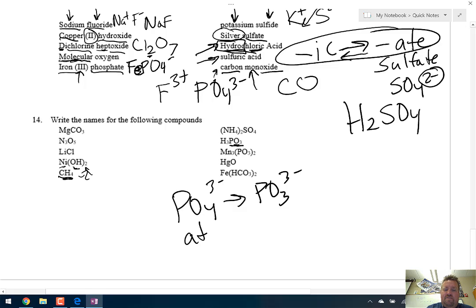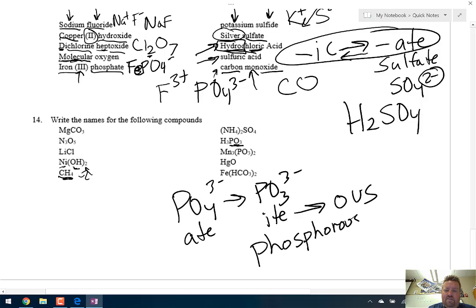Instead of phosphate, it's phosphite. And if it ends in ITE, it becomes OUS in the acid form. So instead of phosphoric acid, this is phosphorus acid. So H3PO3 is phosphorous acid, where H3PO4 is phosphoric acid.